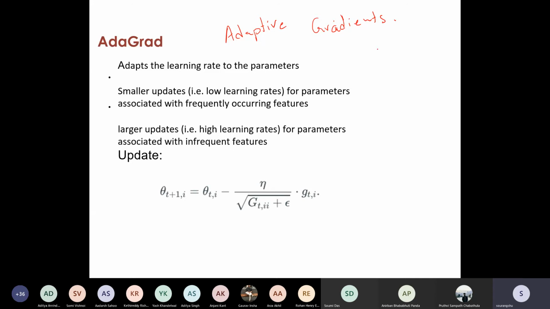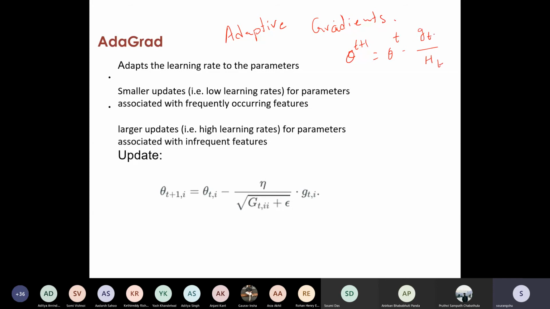The basic idea is that in Newton's method, the update formula, if you remember from your optimization course, is something like theta t plus 1 is equal to theta t minus gt divided by this Hessian, let me just call this ht.